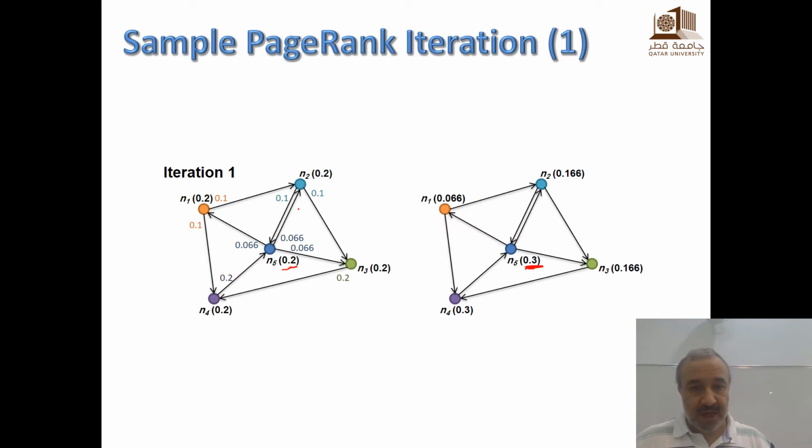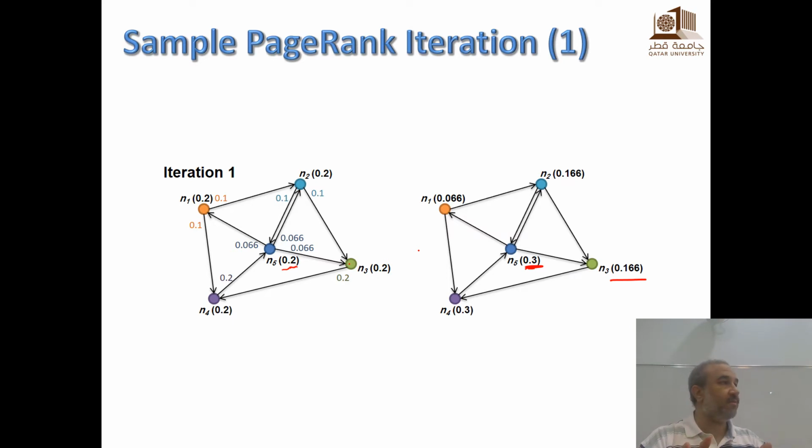Okay, this node has 0.1 from here, 0.066 from here, so it will be 0.166, and so on. So this is the first iteration. So we have 2 parts, distribution of the partial scores, and then aggregating these partial scores.